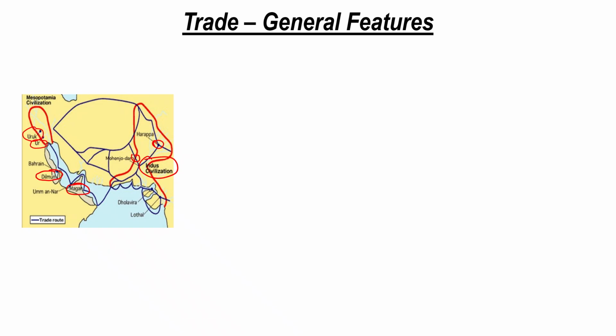So trade, how do we know at first that there was trade? Trade can be known from evidences like granaries. Then we have seals. Then we have uniform script. After that, we also have weights and measures.